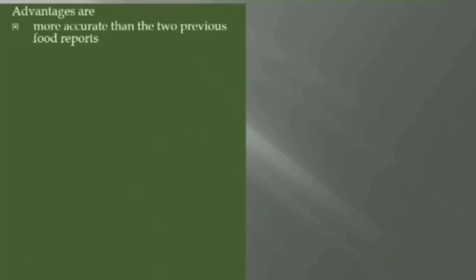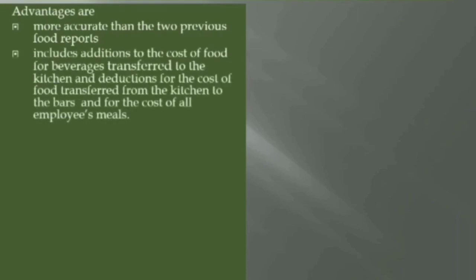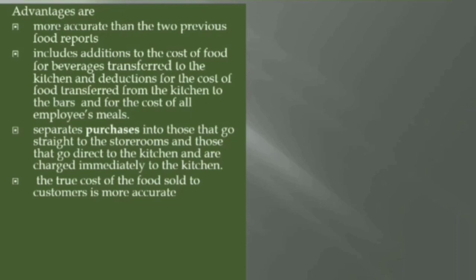The advantages and disadvantages of the detailed daily food cost report are as follows. The advantages: it is more accurate than the two previous food reports. It includes additions to the cost of food for beverages transferred to the kitchen and deductions for the cost of food transferred from the kitchen to the bar and for the cost of all employee meals.